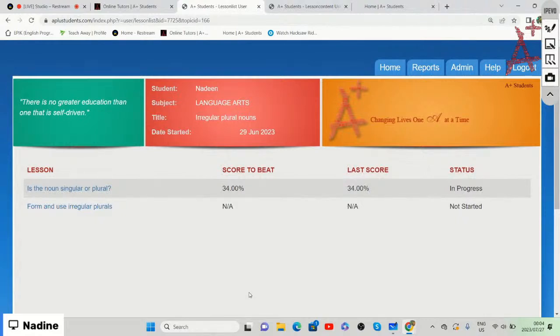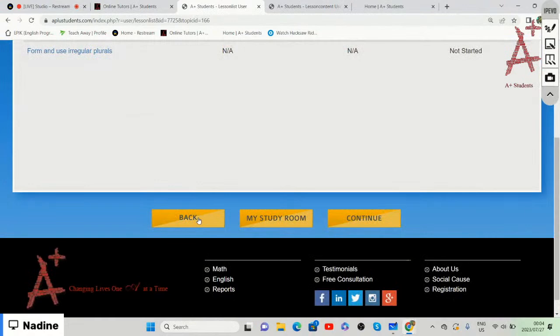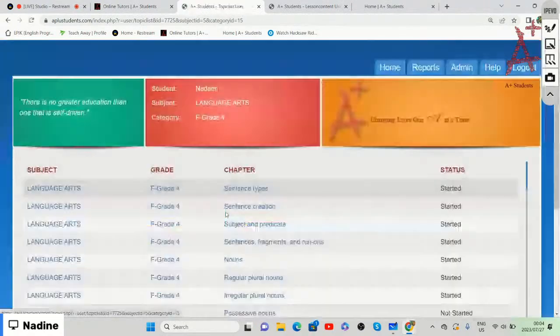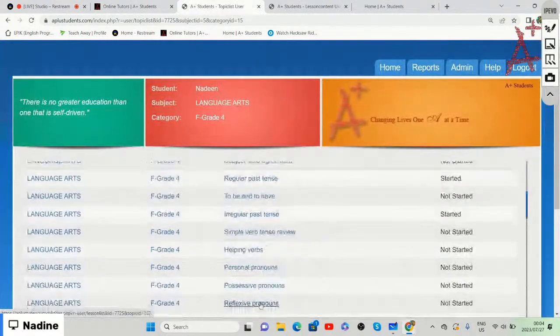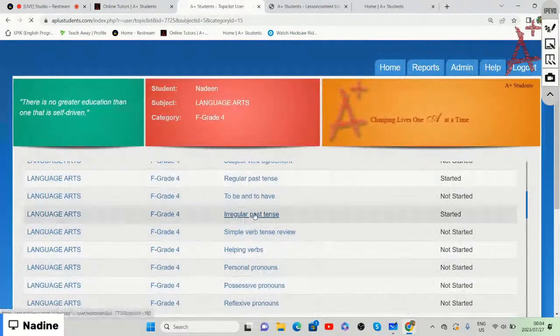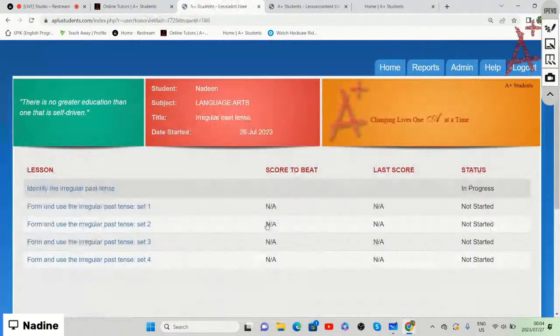Oh no, sorry, not irregular plural nouns. We are going to the irregular past tense. I apologize. So the chapter of today is irregular past tense, right?